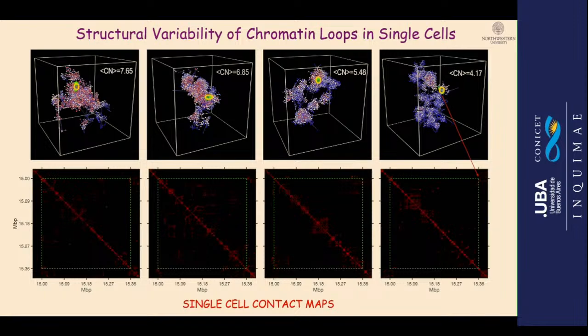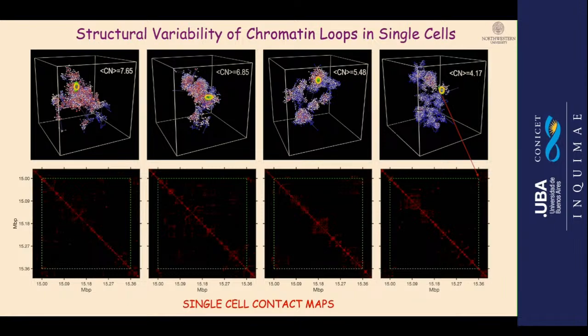Despite sharing the same loop anchors, these contact patterns are strikingly different. Some maps show dense contact clusters, others are limited and fragmented, especially in the cells with lower coordination number.